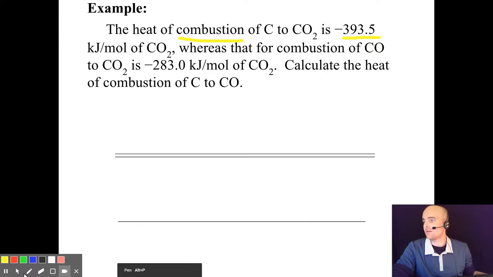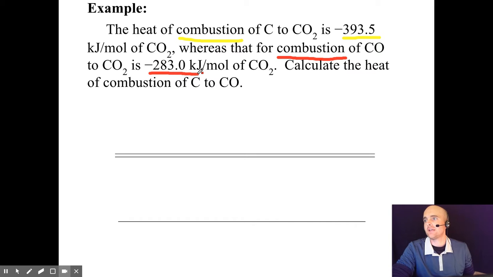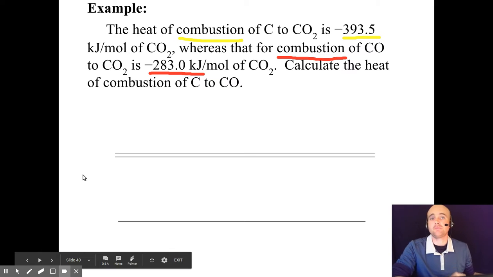Whereas the combustion of carbon monoxide to carbon dioxide is minus 283.0 kilojoules per mole of carbon dioxide. So calculate the combustion of carbon to carbon monoxide.